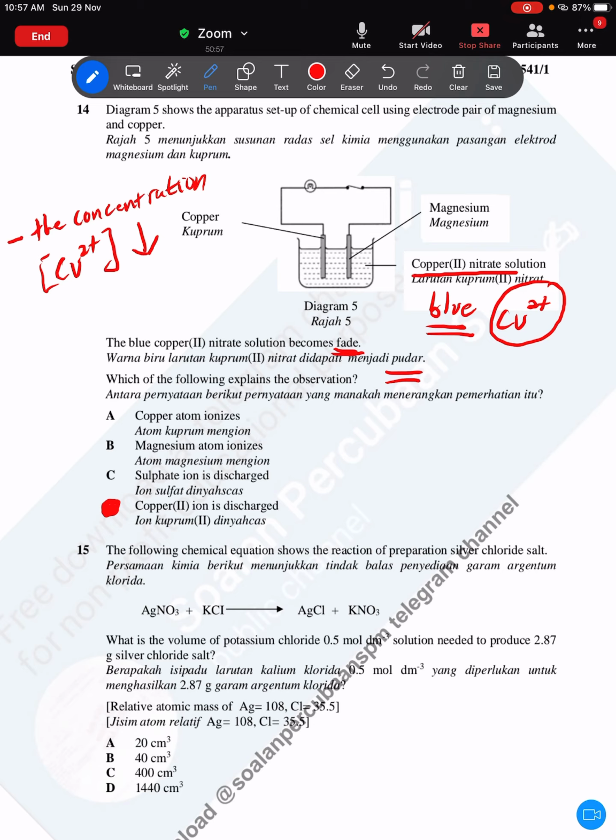Next one. The following chemical equations show the reaction for the preparation of silver chloride. For your information, silver chloride is an insoluble salt. Therefore, my dear students, this one is actually referring to a double decomposition experiment.